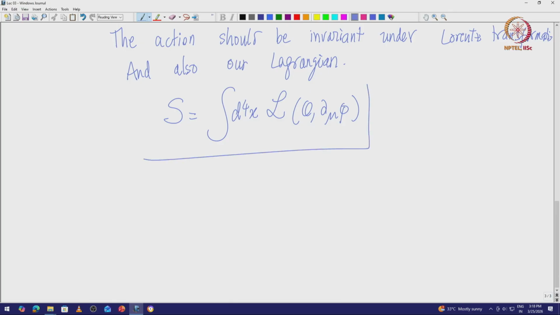This is the definition of your action. The Lagrangian density itself should be invariant under Lorentz transformations, and its form will be fixed. Now, classical Euler Lagrange equations of motion.